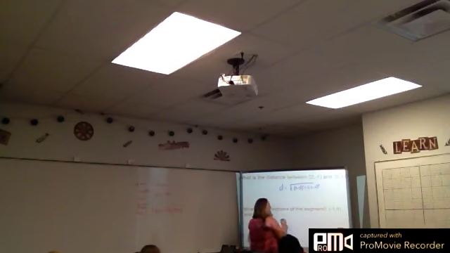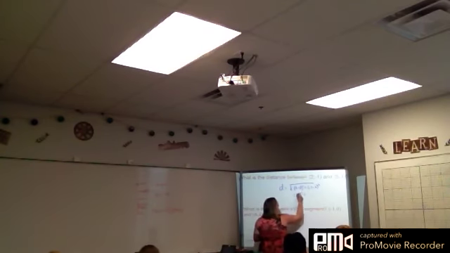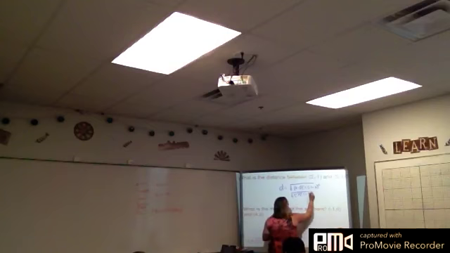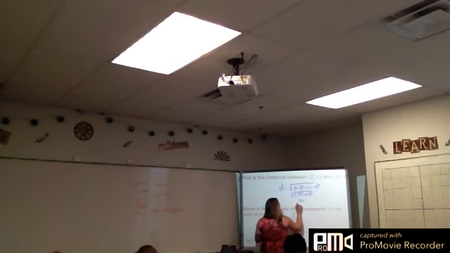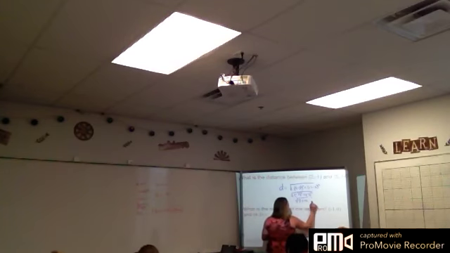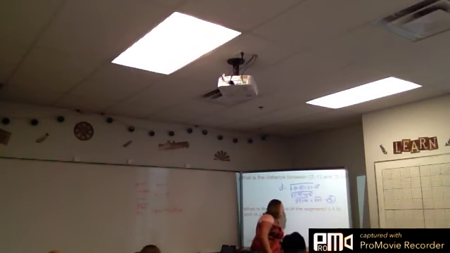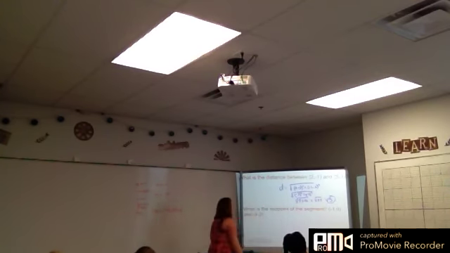What's 2 minus 5? Negative 3, so negative 3 squared, plus negative 4 squared. 3 squared is 9, plus 16 is 25. The square root of 25 equals 5. There's the distance.